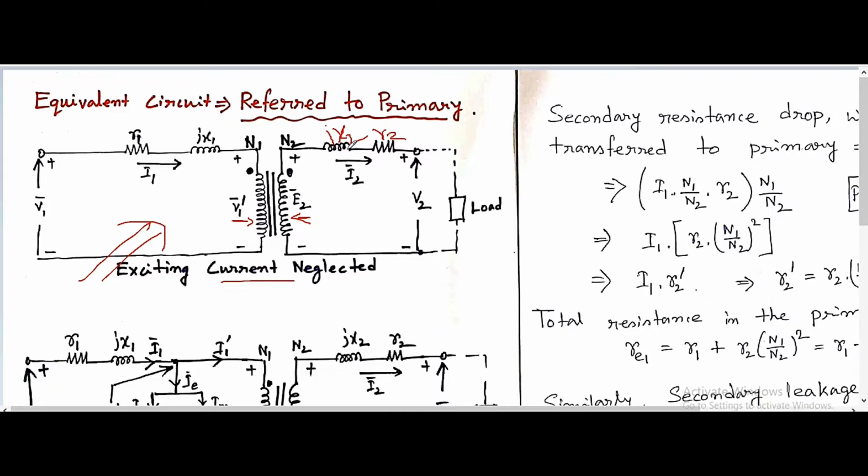Whenever we transfer these parameters to the primary side, there will be a problem: the secondary voltage and current, E2 and I2, are not equal to the primary voltage V1 and current I1.